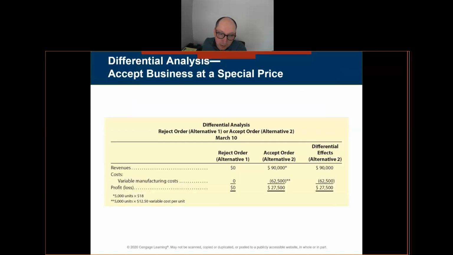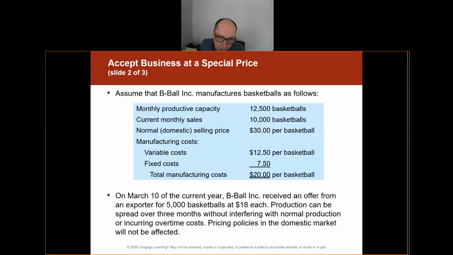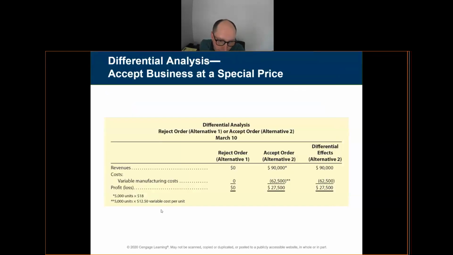And the domestic sales price will not be affected. So if I decide to accept, there are two alternatives: reject the order or accept the order. Here's the difference. 5,000 units, my current manufacturing price is $12.50 variable cost per unit.